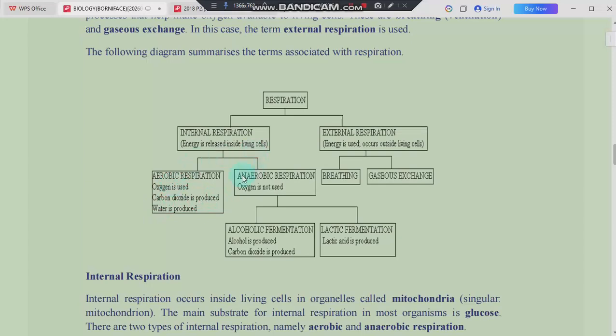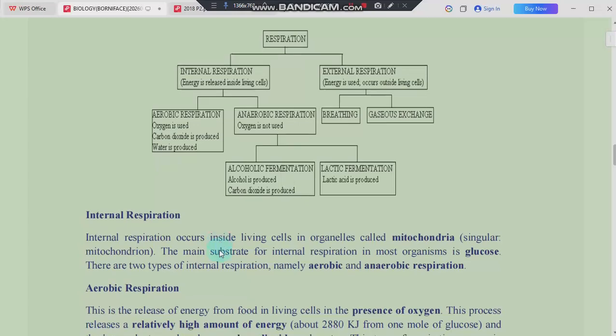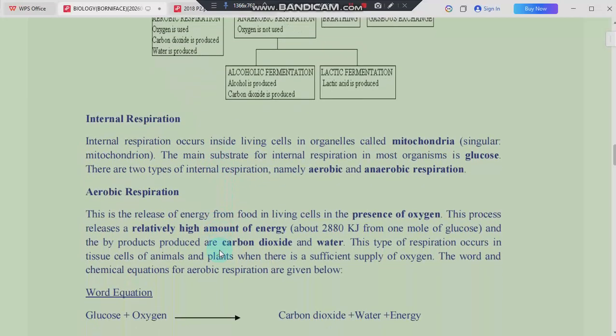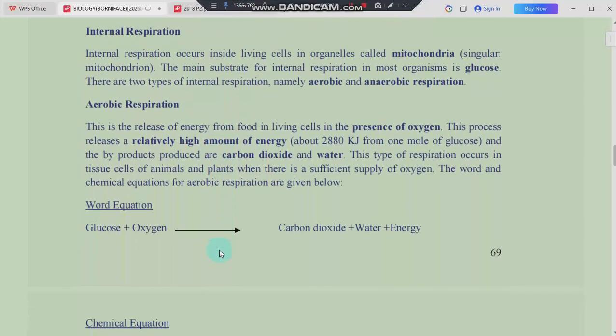In anaerobic respiration, oxygen is not used. There are two types of anaerobic respiration: lactic fermentation, where we produce lactic acid, and alcoholic fermentation, where we produce an alcohol, for example, ethanol.